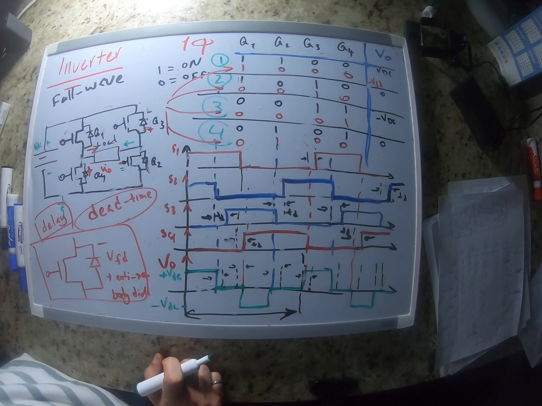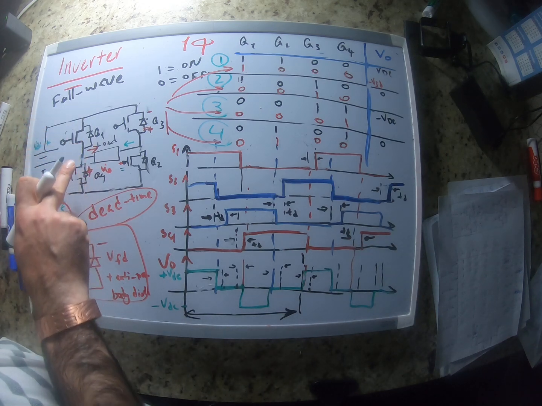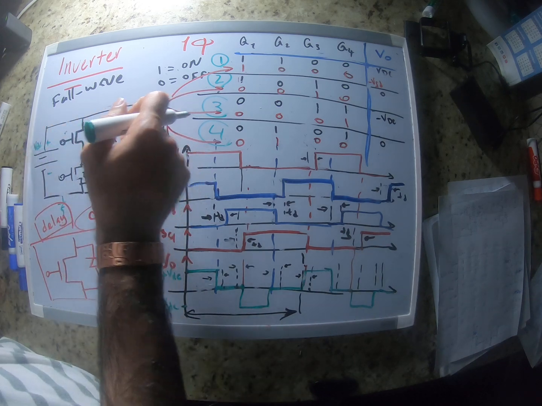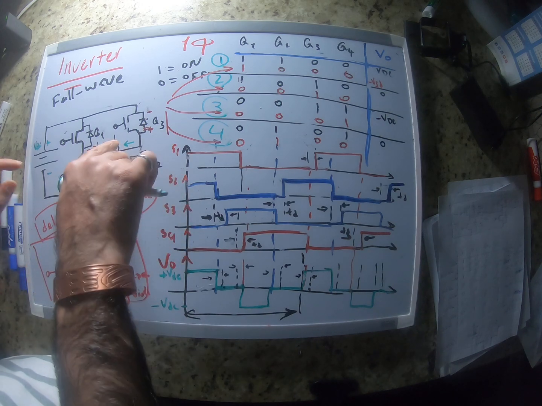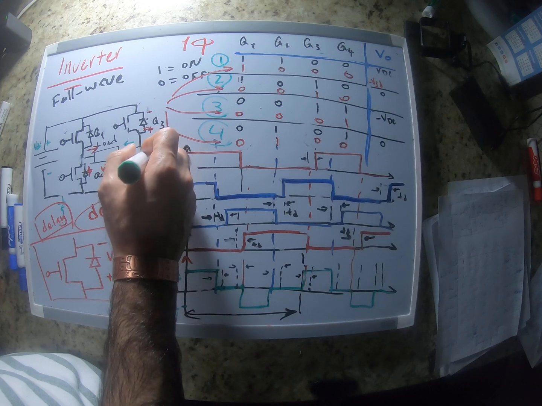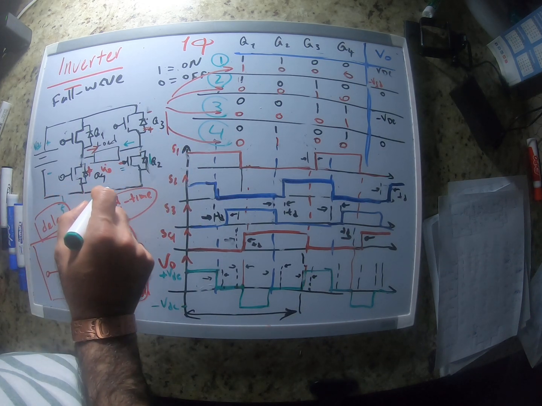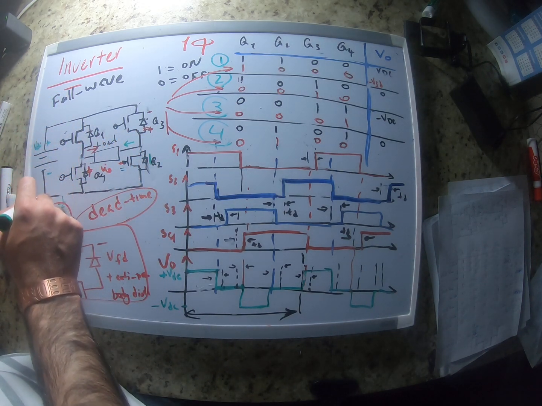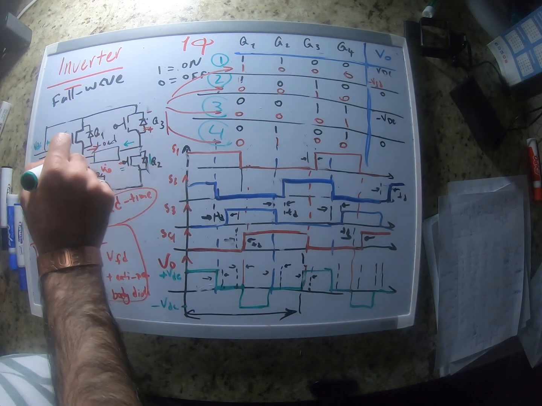This switch is on, and the current is going through this way, so it has to find a path to go through. This time it finds its path through this diode. It goes through here, then through here, then goes back to VDC through here. So now it has this path.